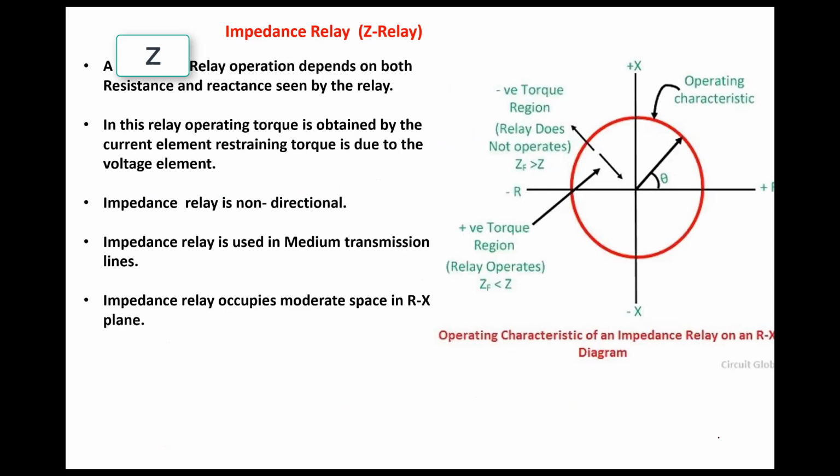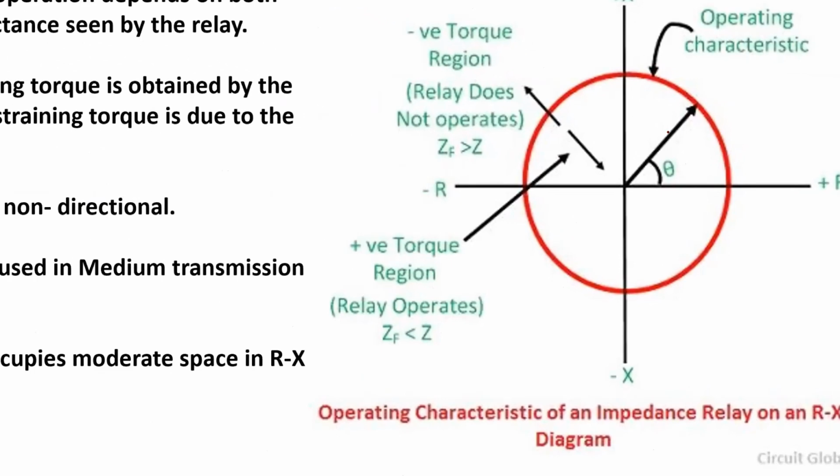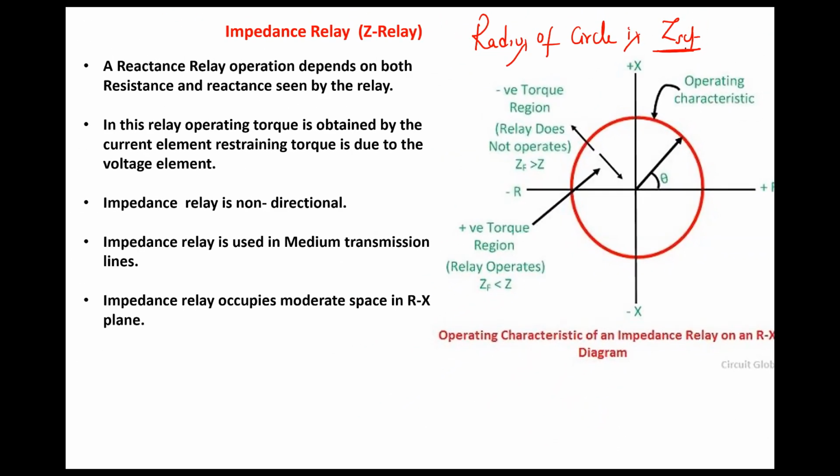That is the condition. So in an RX plane, the characteristic of the impedance relay is a circle. This red portion is the circumference, and the radius of this circle is Z set, where theta is the impedance angle of the Z set.